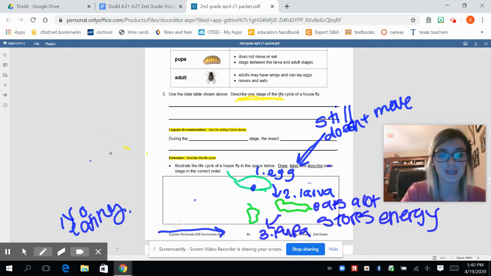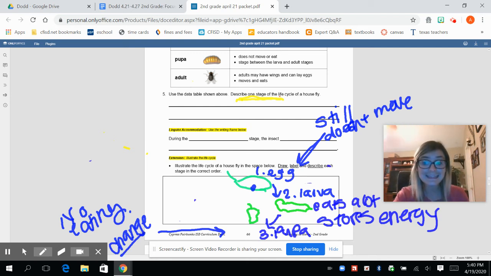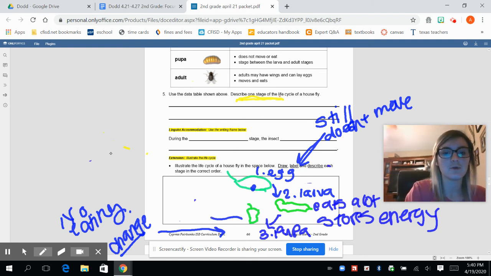And it is changing. That is really important to remember, that in this stage down here, the bug is going through this huge change, okay guys? So then we move over here to stage 4, which is the adult.